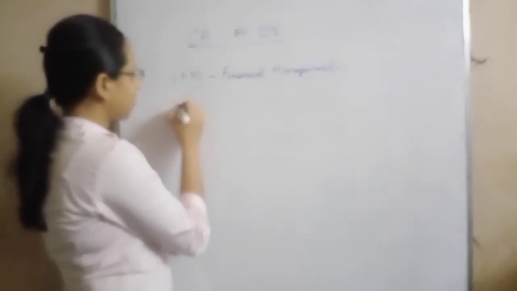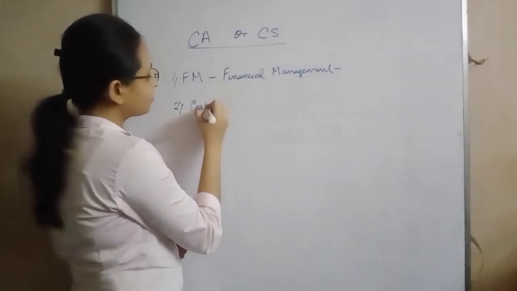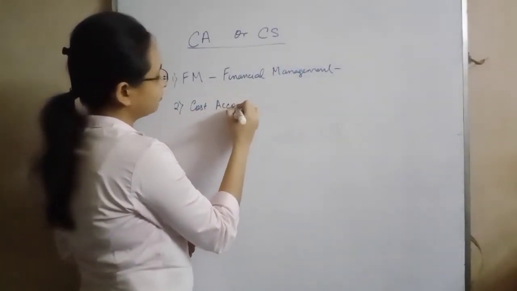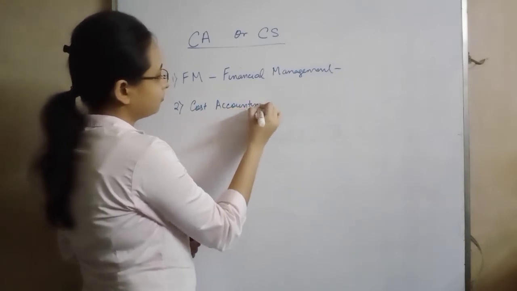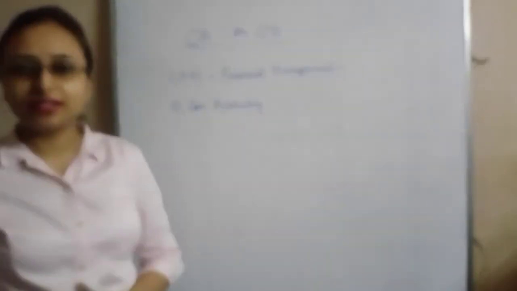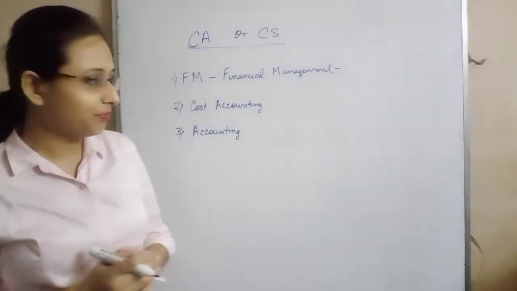Next, the subject we have is cost accounting. This is mainly related to cost. Third, the subject that we have is accounting or accountancy. You have done this from class plus 2 level, but whatever we have in CA or CS goes into the depth of it.